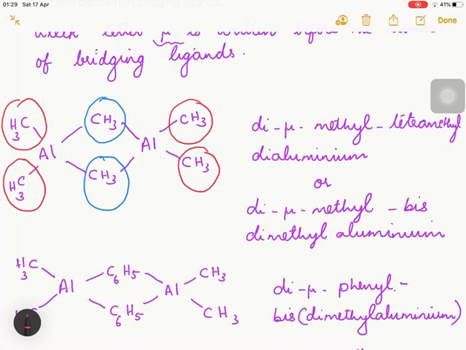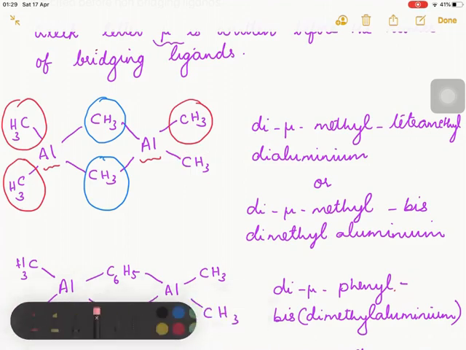So we can name this complex as di-mu-methyl tetramethyl dialuminium. Two aluminium metals are present in this complex.